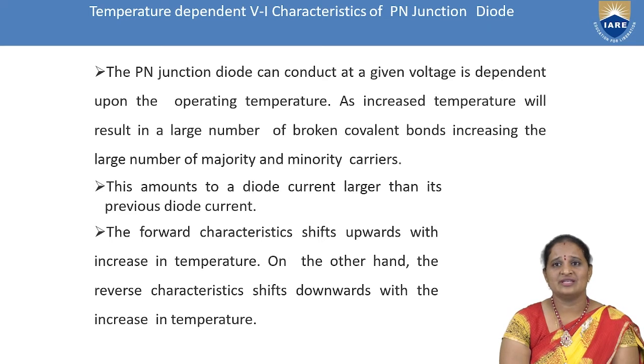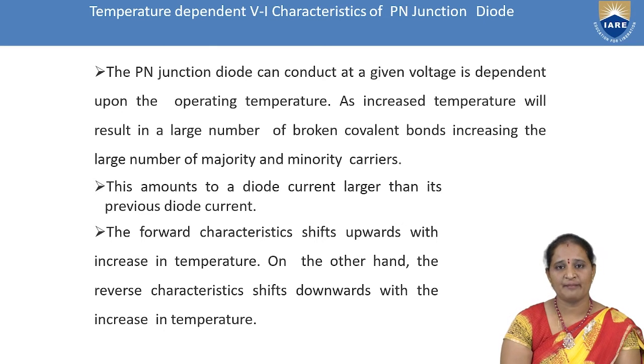And due to this increased number of majority and minority charge carriers, a large amount of current will be flowing through the diode. That means whenever there is an increment in the temperature, there will be an increment in the current flowing through the diode.